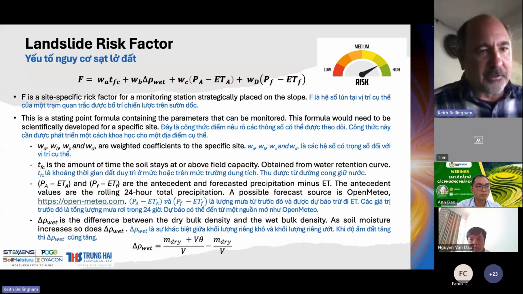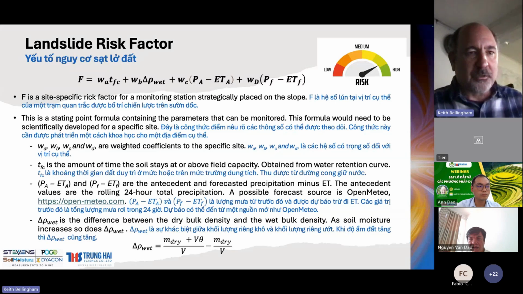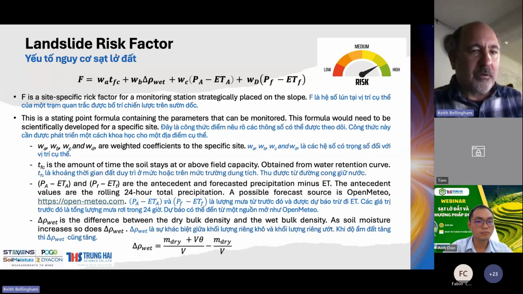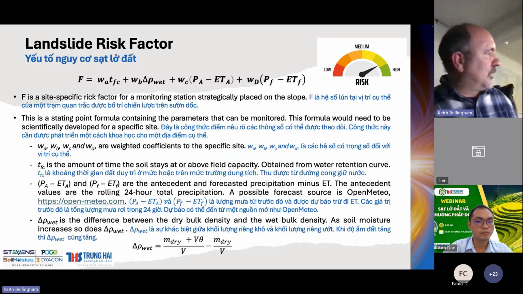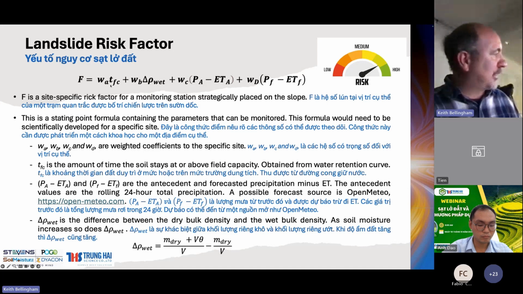And this can be calculated with 3 to 4 soil moisture sensors in a profile, and that moisture can be averaged. And when you know what the field capacity is, you can calculate the amount of time it stays above field capacity.